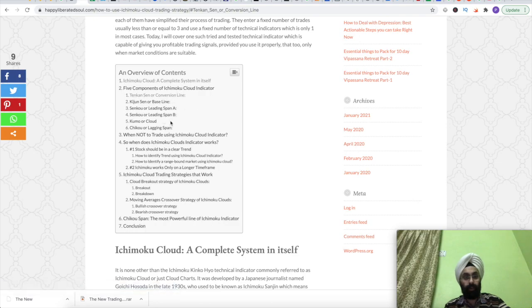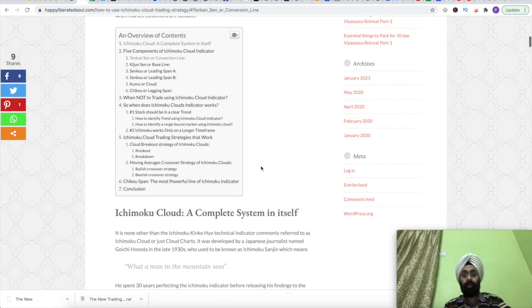It has 5 components, and other aspects like when it does not work, when we should use it, when the Ichimoku cloud indicator works, and what the Ichimoku cloud trading strategies are, and last but not the least, the Chikou span. It is one of the important, powerful lines of the Ichimoku cloud indicator, and finally the conclusion.